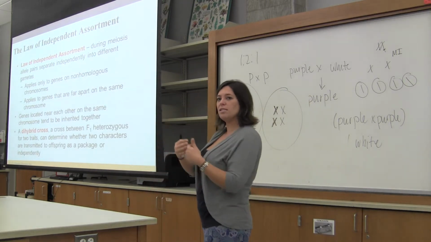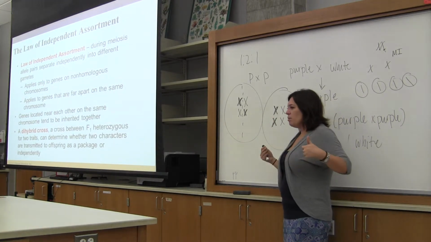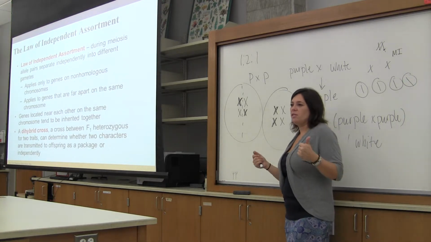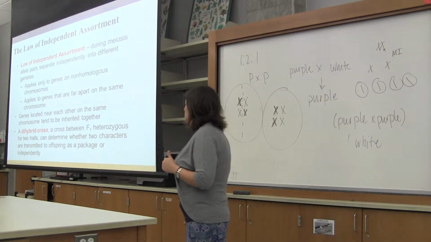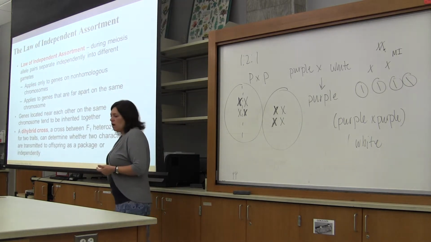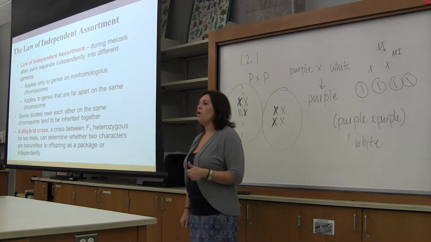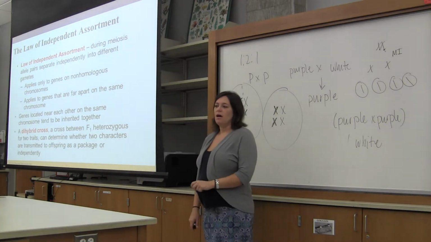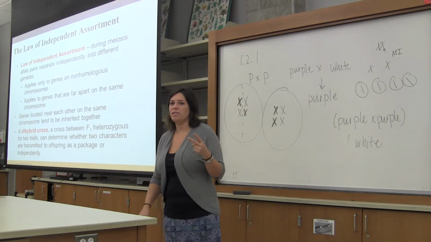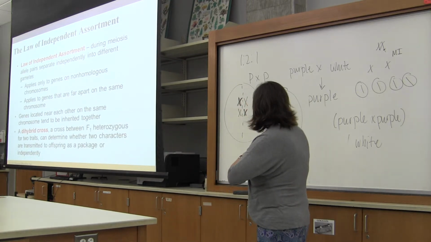So if they assort independently, that means you're going to end up separating those different alleles into gametes during metaphase 1. What we've been talking about have been monohybrid crosses that only look at one particular trait. Mendel also did some research looking at two different traits, and when you look at two different traits, we call this a dihybrid cross.